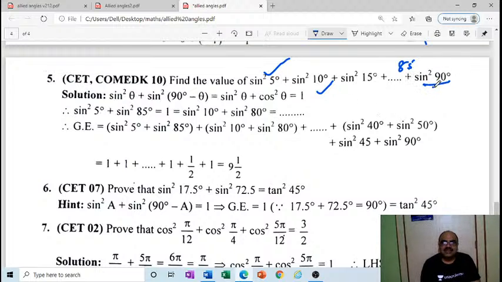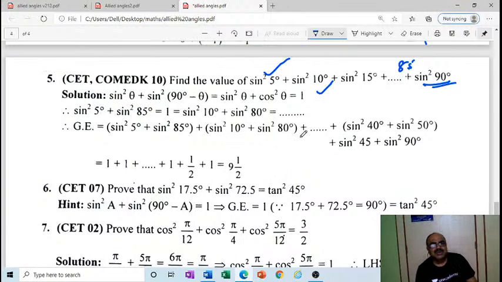We have not touched this. Sine square 5 plus sine square 85, sine square 10 plus sine square 80, sine square 15, sine square 75, sine square... hope you are getting it: 5, 85, 10, 80, 15, 75, 20, 70, like this.